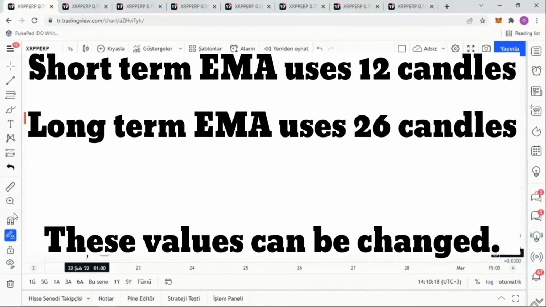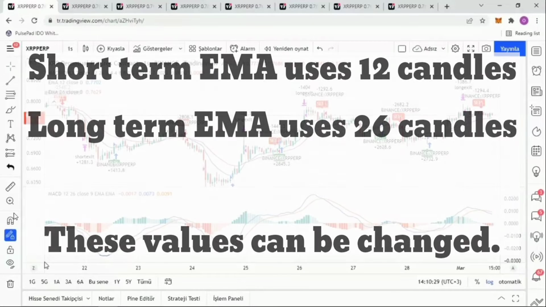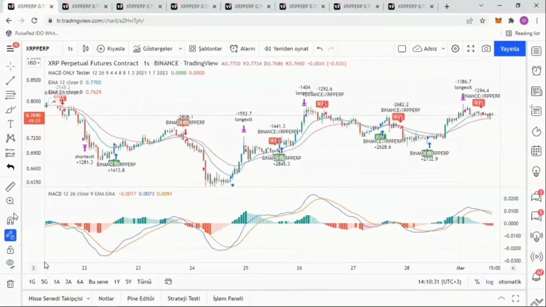When you open MACD, the default setting for short-term calculations comes with 12 bars, which means it takes price data from the last 12 candles to calculate the short-term moving average. And the long-term moving average comes with 26 bars as default.